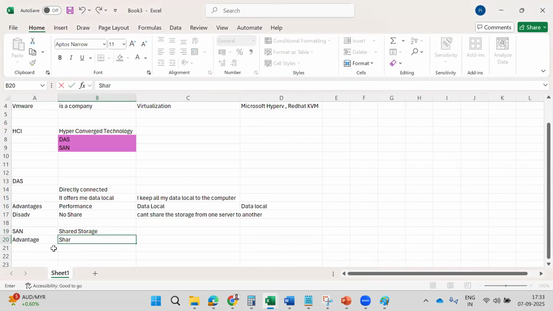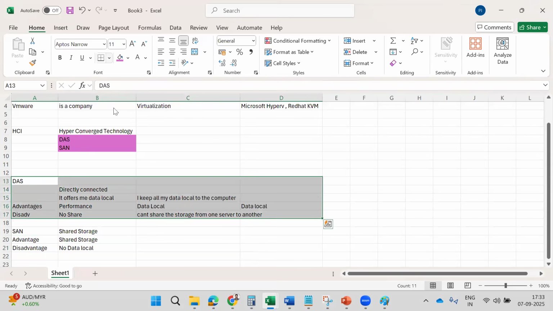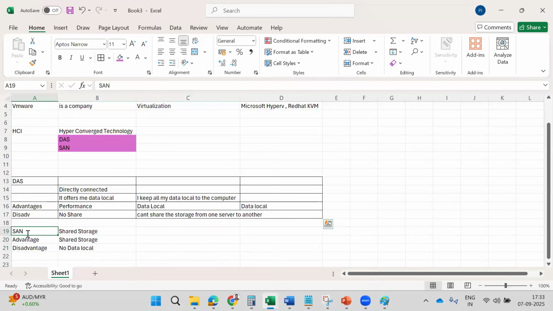So now with the SAN, what is the advantage I get? It is going to be shared storage. Okay. What is the disadvantage you get? Here, no data local. Okay. So the advantage of DAS is the disadvantage of SAN. The advantage of SAN is the disadvantage of DAS. Very simple. DAS has some problem, SAN sorts out that problem. SAN has some problem, DAS sorts out this problem.